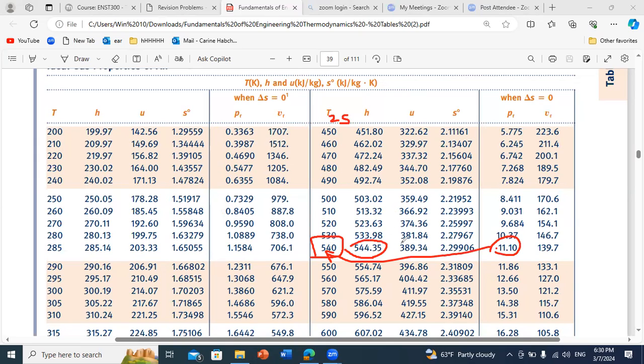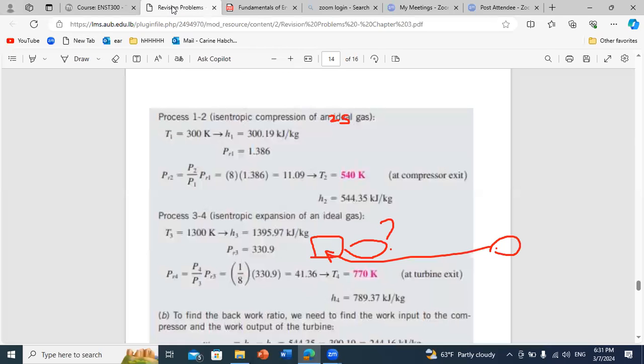So now, after I get for the isentropic process what H will be, I use the formula of isentropic efficiency to get the actual H. This is the whole idea about isentropic efficiency, okay? So I say the temperature is 540 in case it was isentropic, and I say H2S. So here we add S. If it was isentropic, this is H2S.